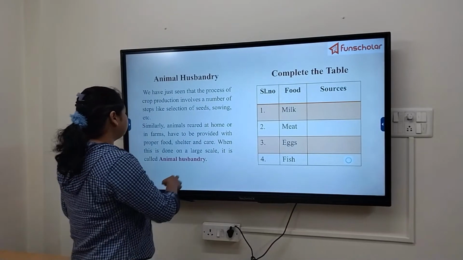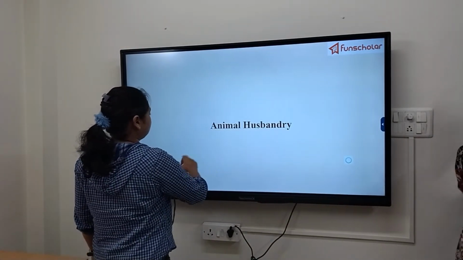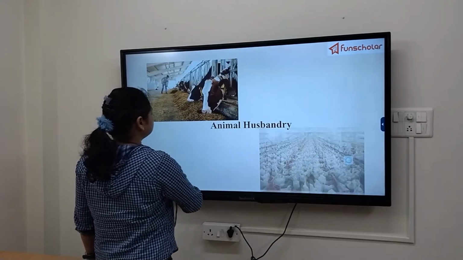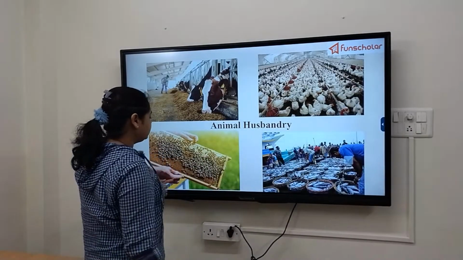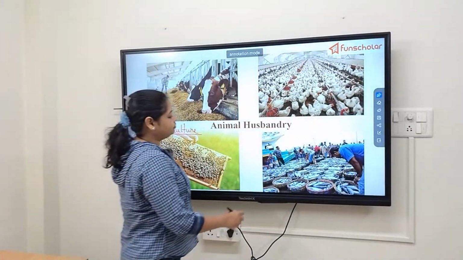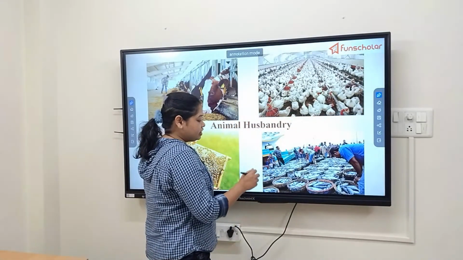Now under animal husbandry, see the pictures, these are the honeybees. This is known as the fish.